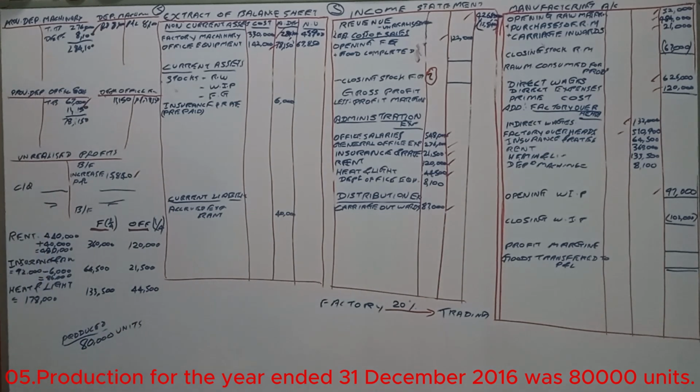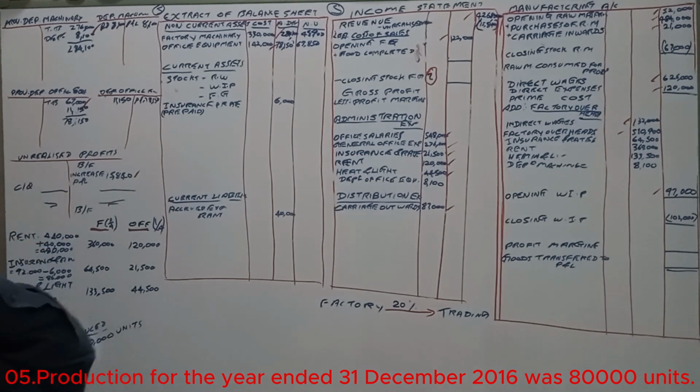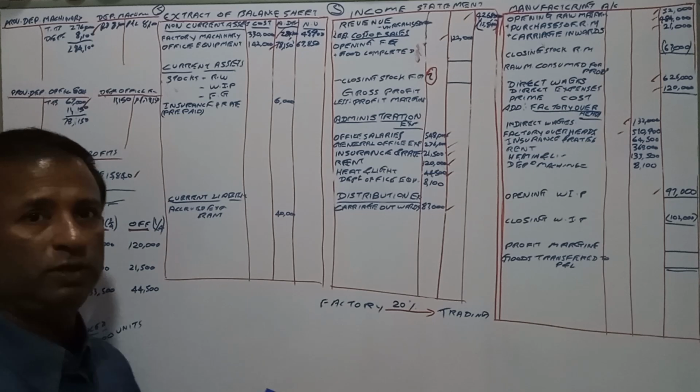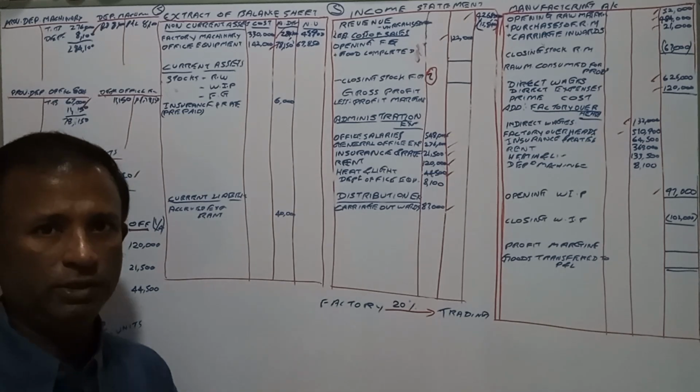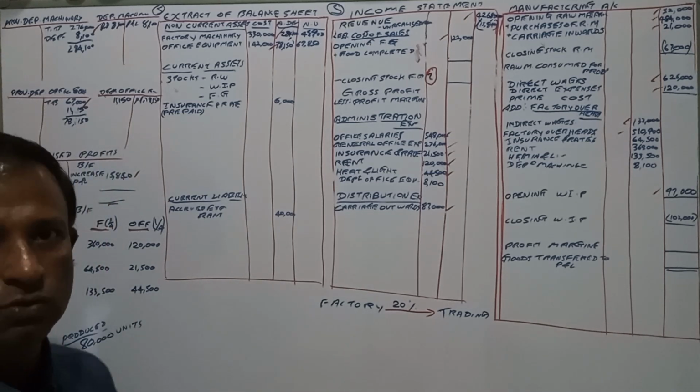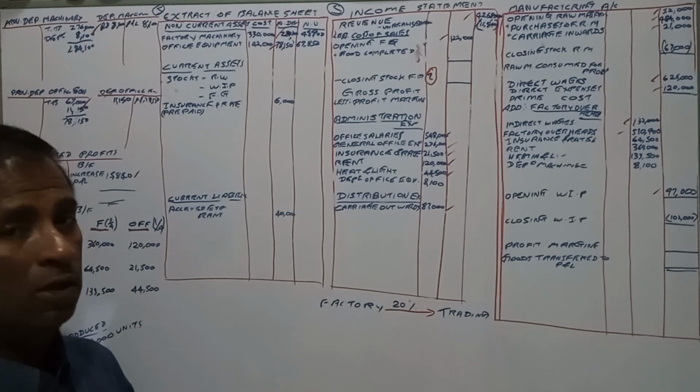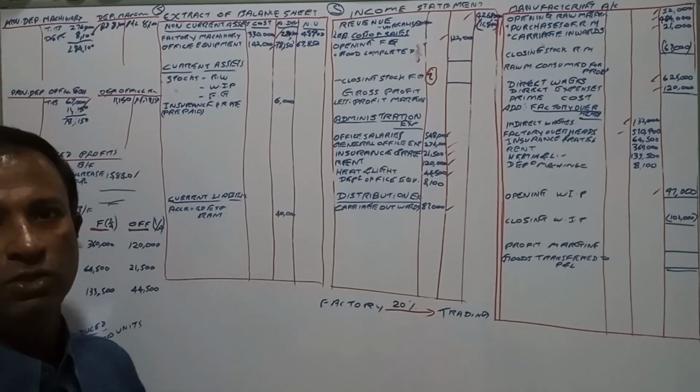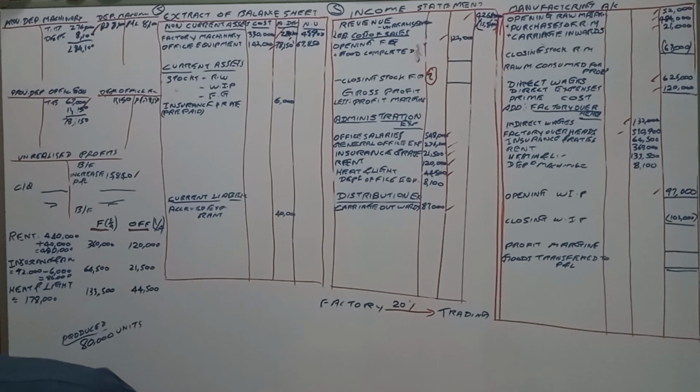They have given one additional information saying 80,000 units were produced. The opening stocks, we don't know what is the opening stock units wise. Closing stock units wise also we don't know. Closing stock amount also we don't know.